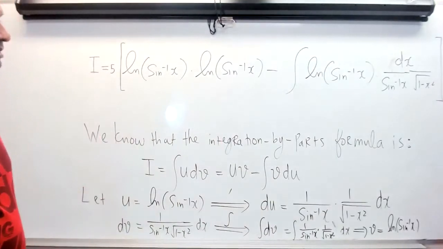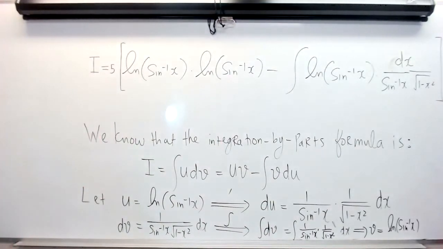Sorry. Is that right? You have I equals ln sine inverse x, times ln sine inverse x.